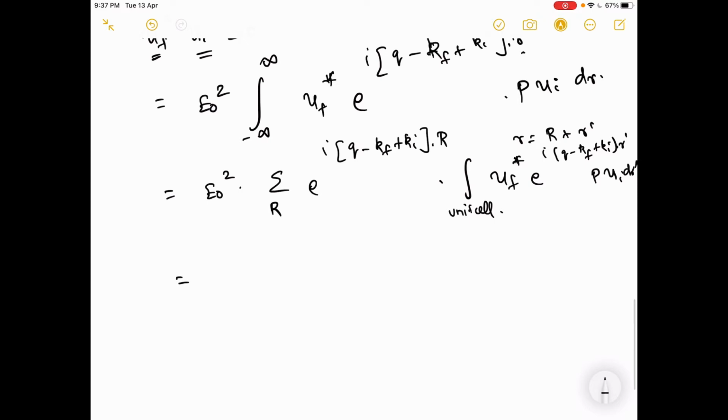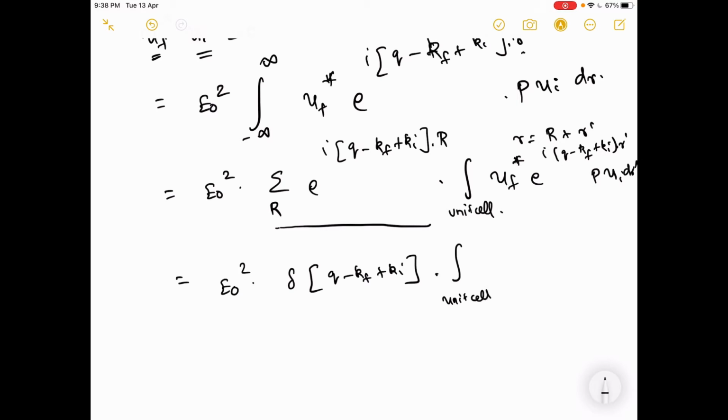And this summation over all lattice spaces is basically inverse Fourier, right, of a constant value. So this will turn out to be a Dirac delta function. So it will be E naught square into Dirac delta of q minus kf plus ki, multiplied by the unit cell summation of uf star, and because this is a Dirac delta function, this exponential will turn out to be 1, into P ui dr prime.